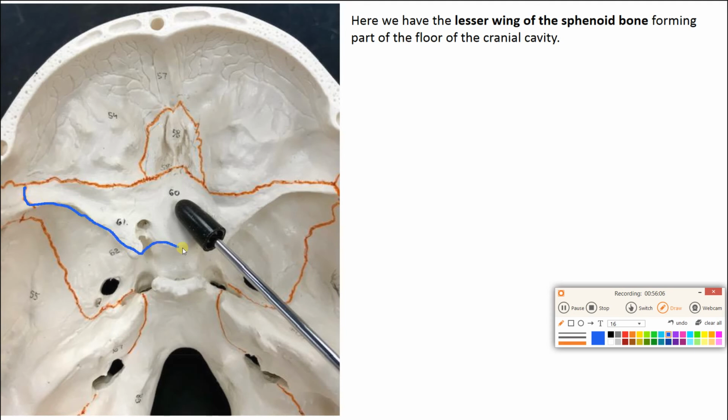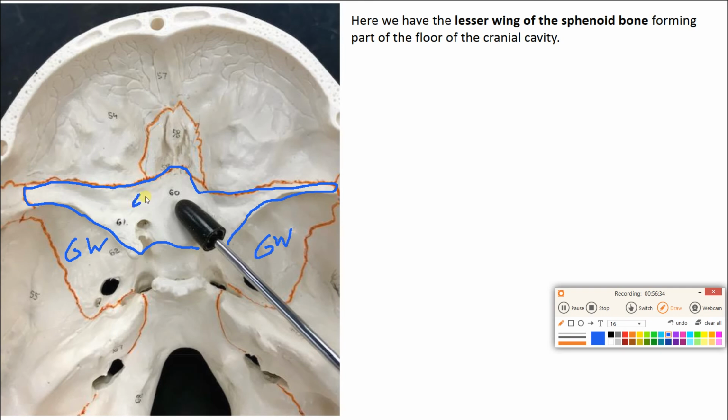What I'm outlining in blue is the lesser wing of the sphenoid bone. It's also part of the floor of the cranial cavity. So the greater wing was back here and back here, and then this is the lesser wing up here.